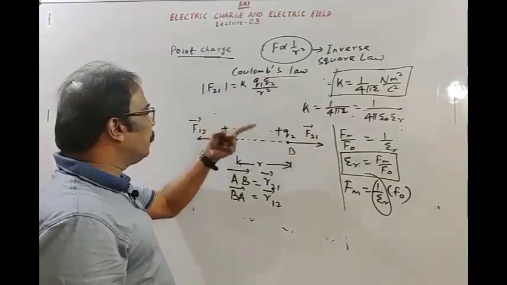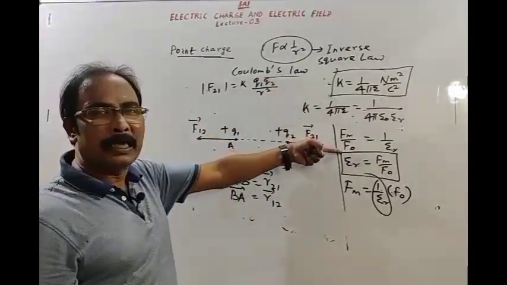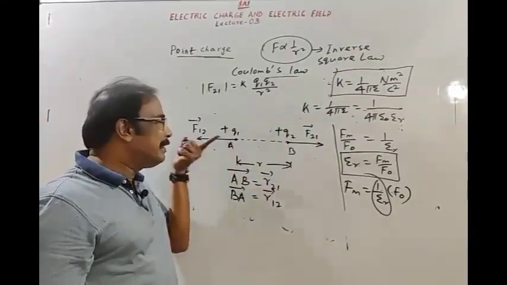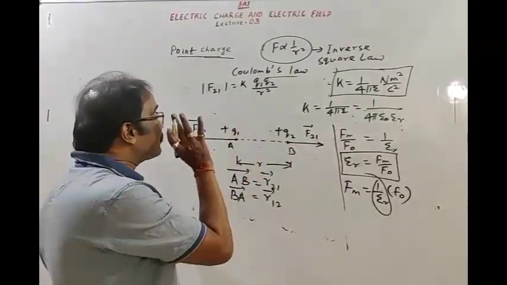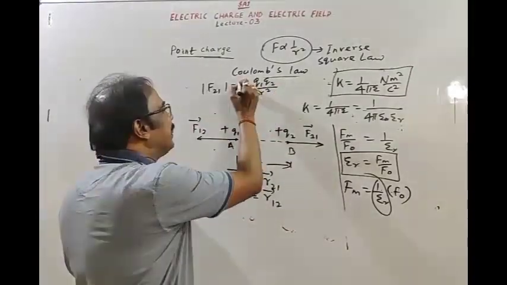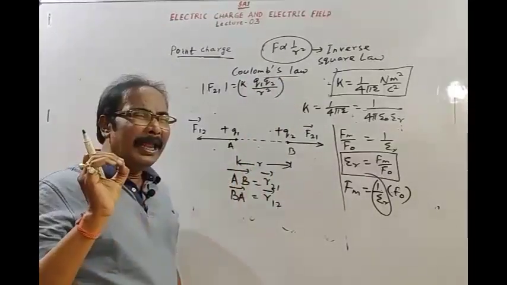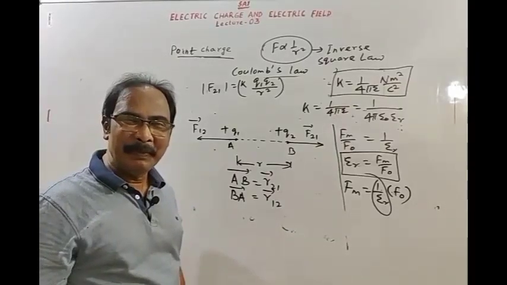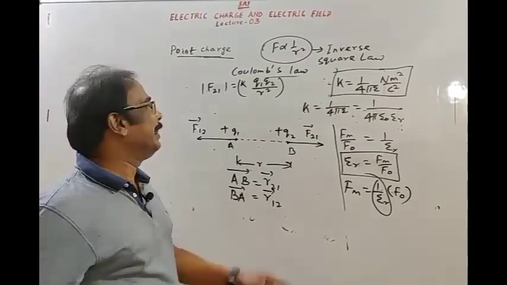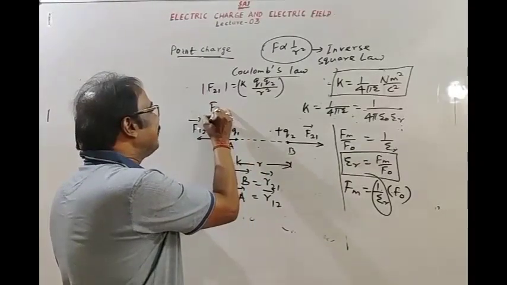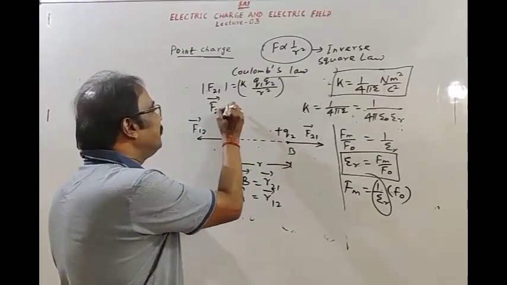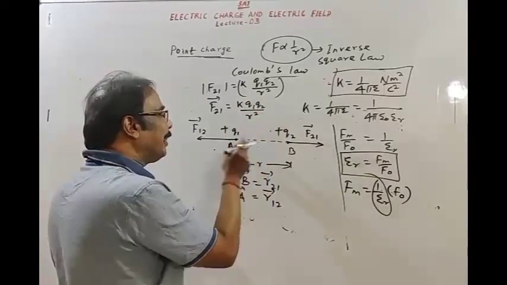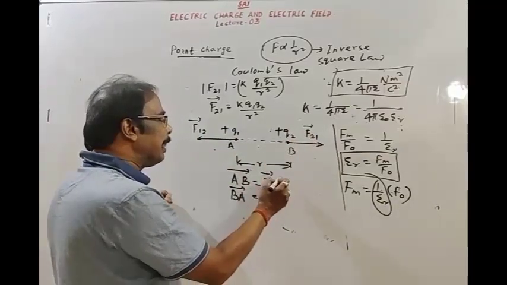But this force F21 is directed along positive x-axis, means directed along R21, means along AB. So to show direction, this is magnitude. Only just multiply a unit vector, which will not change the magnitude, but only will show the direction of force. Okay. Then in vector form, we may write K Q1 Q2 by R square, and direction is along positive x-axis.